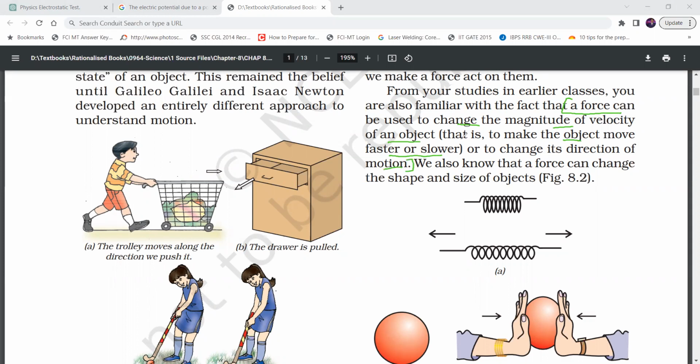So this is what a force does. A force can increase the speed, increase the velocity. If we increase the velocity, the object will be moving faster. If you decrease the velocity, the object will be moving slower. Sometimes force is applied to change the direction.